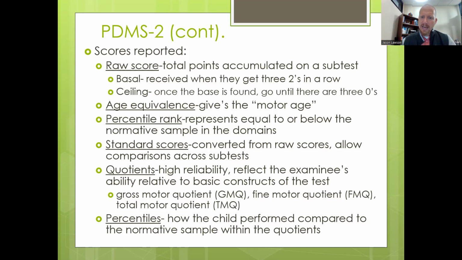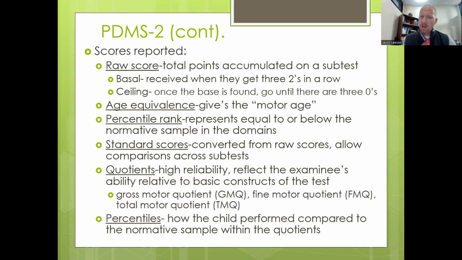The percentile rank, again, when we're looking at a percentile rank, that allows us to compare the child's performance to that of their same age peers. And so at what percentage of that normative sample did they actually meet?